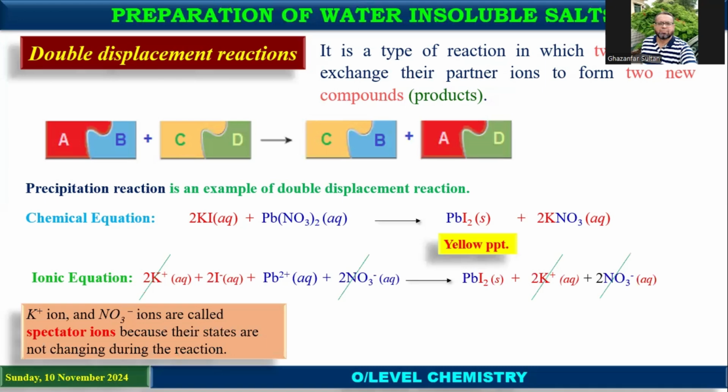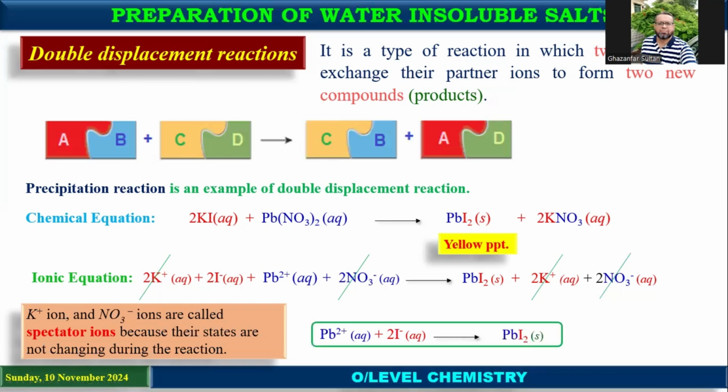The potassium and nitrate ions are called spectator ions because their states are not changing during the reaction. That's why we do not write them in the ionic equation. So the final ionic equation contains only the lead ions from here and iodide ions from here, and they combine to form lead iodide as a yellow precipitate. So this is the ionic equation.